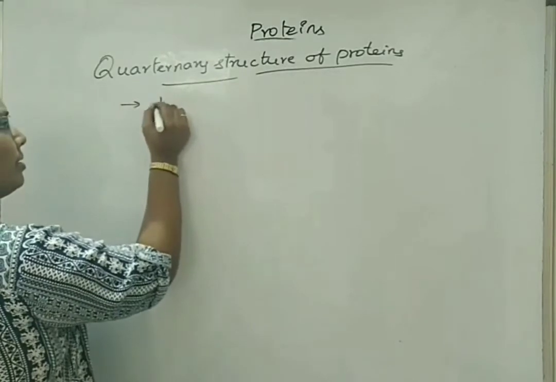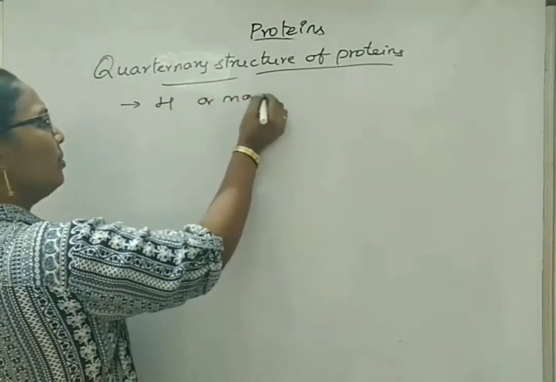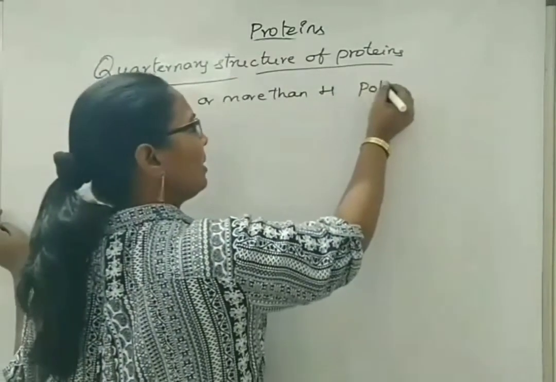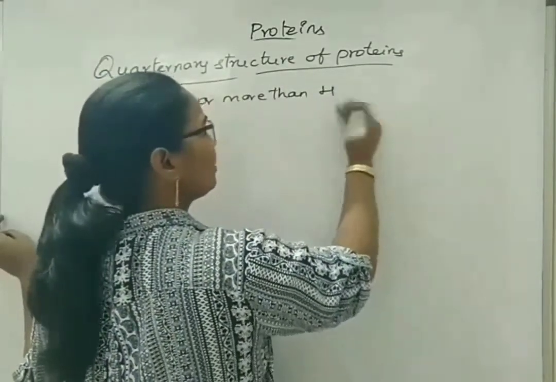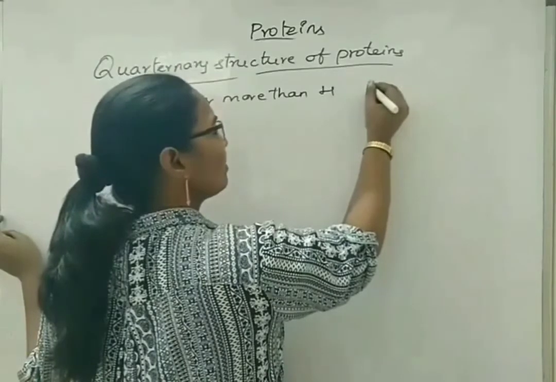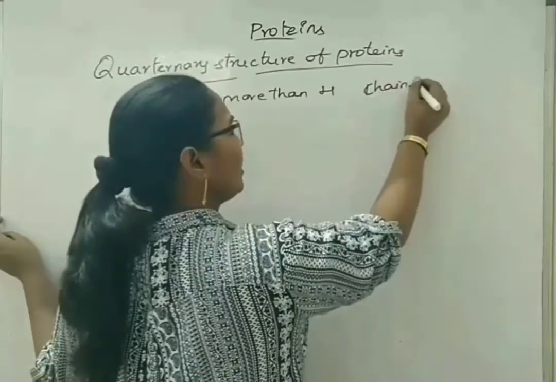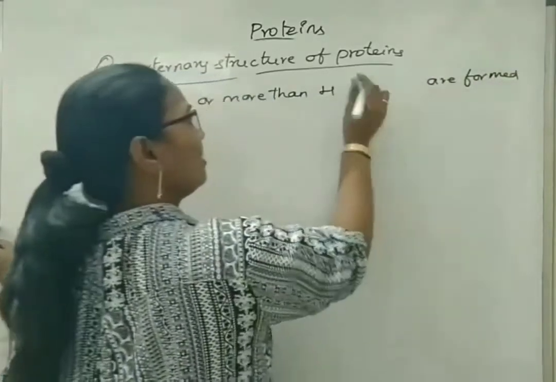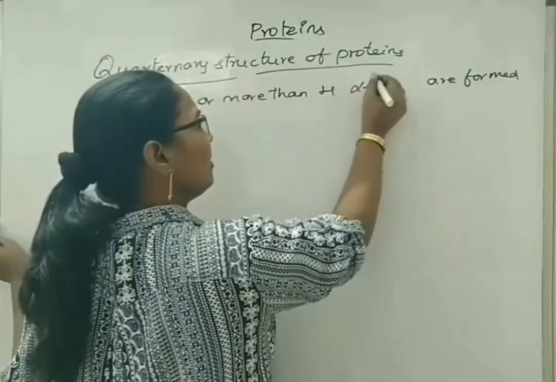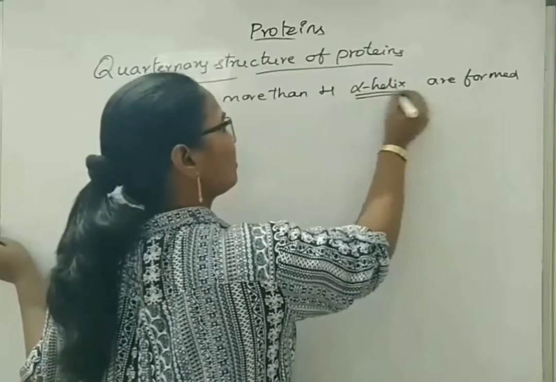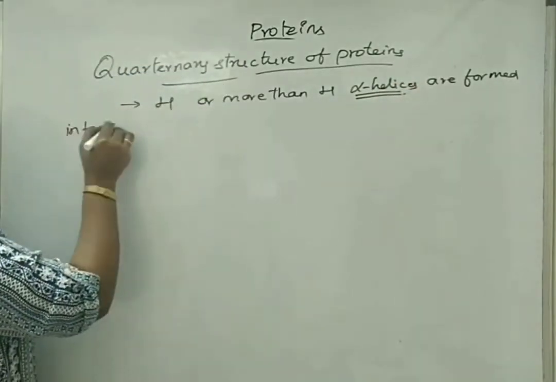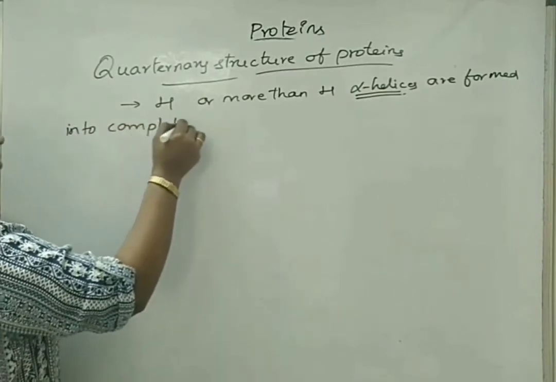So here 4 or more than 4 polypeptides or alpha helix chains are formed into a complete functional protein.